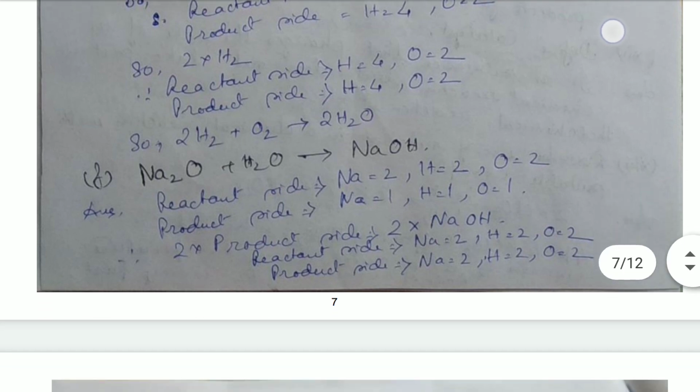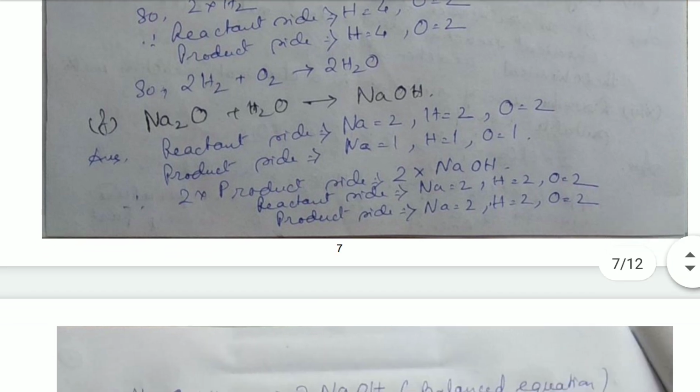Again, Na2O plus H2O gives us NaOH. Now on the reactant side, see, sodium is equal to 2, hydrogen is equal to 2, O is equal to 2. And on the product side, sodium, hydrogen and oxygen all have 1 atom each. Therefore we multiply the product NaOH by 2.